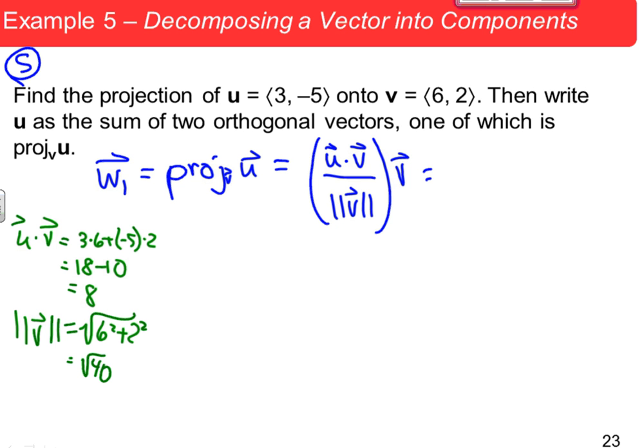Oh, and I have an error in my formula, don't I? In my formula, I really want to square it. I was just going to ask, do I need to rationalize this? Not at all, and I probably don't want to, because I'm going to square it in just a moment. So this is 8 over the square root of 40 squared times V, which is (6, 2).